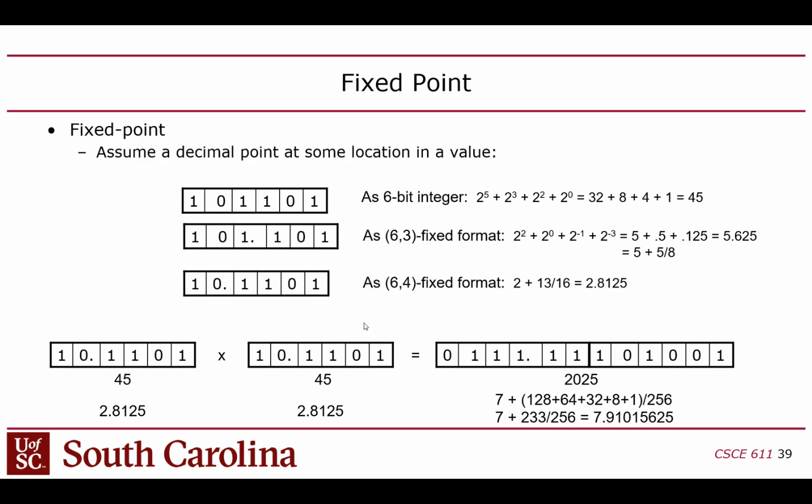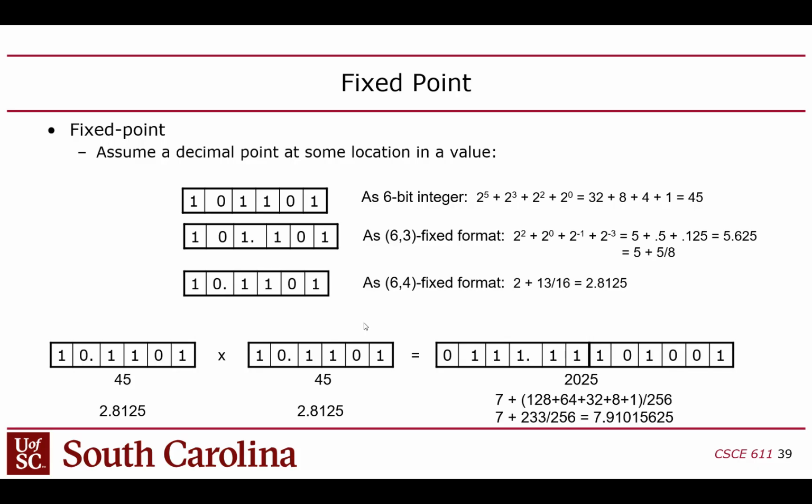Fixed point is when you have an integer, but in your brain, as you program it, you assume that the decimal point, and I shouldn't call it a decimal point, technically it's a radix point because it's in binary, but I still call it a decimal point, right? You assume the decimal point is somewhere other than on the rightmost side.